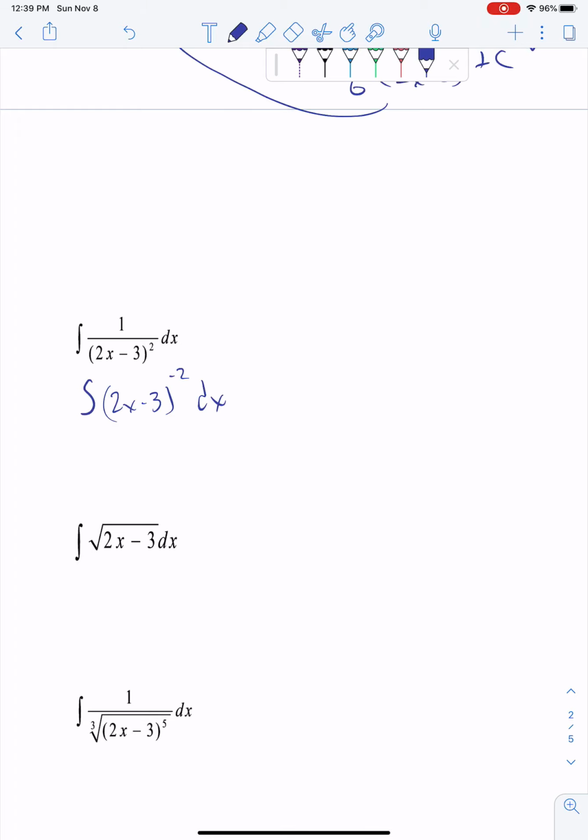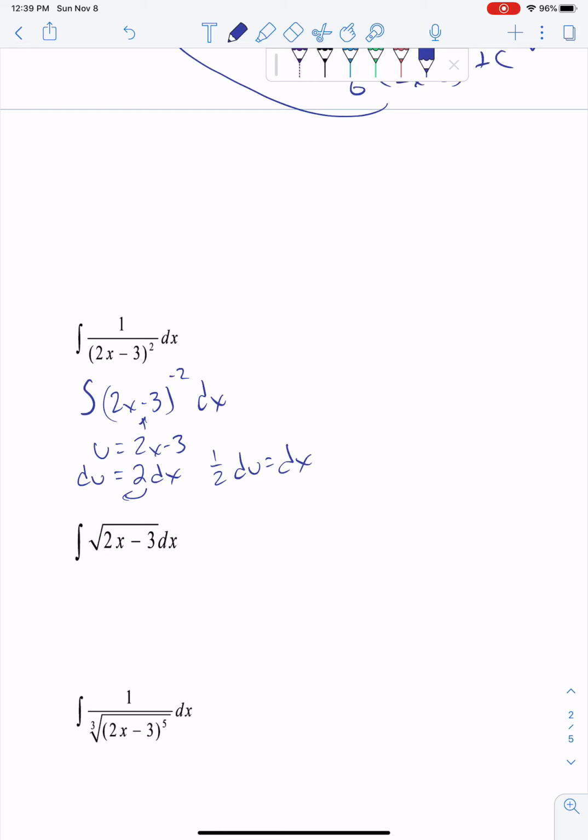But I really don't want to FOIL that all the way out. So I'm going to say that u is equal to 2x minus 3. U is equal to that inside part, which means that du is equal to 2 dx, which means that when I move this 2 over, 1/2 du is equal to dx.